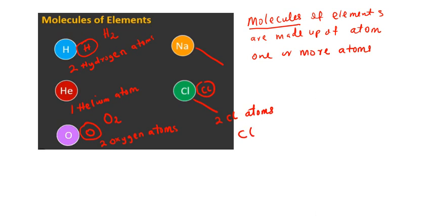For sodium, sodium has only one atom, one sodium atom. And the reason is that sodium has an atomicity of what? 1. Sodium is a metal, and all metals have an atomicity of what? Of 1.